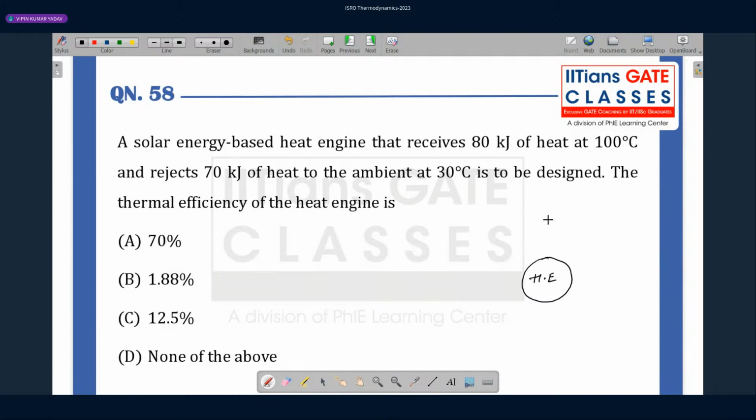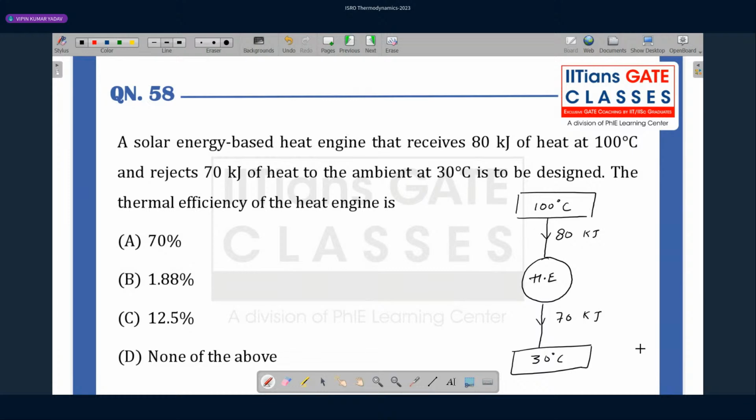Now it receives heat at 80 kilojoule and at 100 degree Celsius. It also rejects 70 kilojoule at 30 degree Celsius.